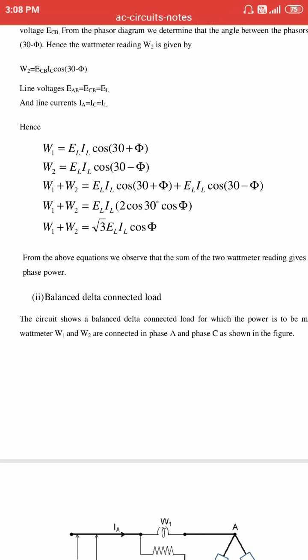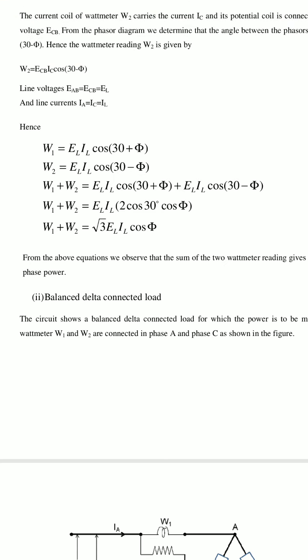So here these two will give the power of three phase. So we add these two wattmeter readings, W1 and W2. So W1 + W2 is equal to EL IL cos(30 + phi) + EL IL cos(30 - phi). From that, W1 + W2 is equal to 2 EL IL cos 30 cos phi.